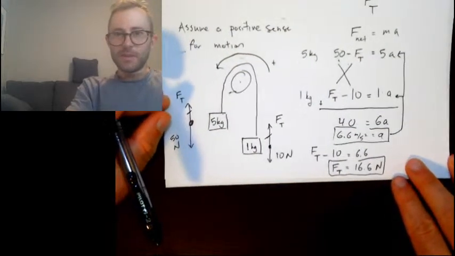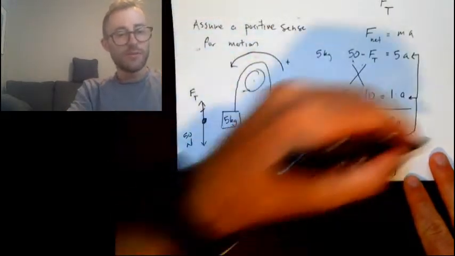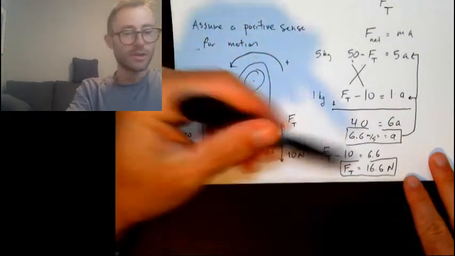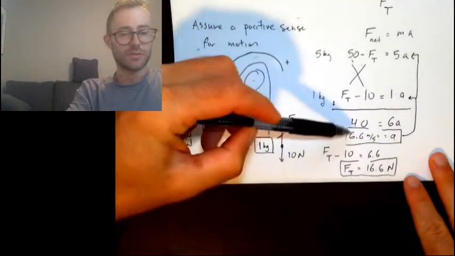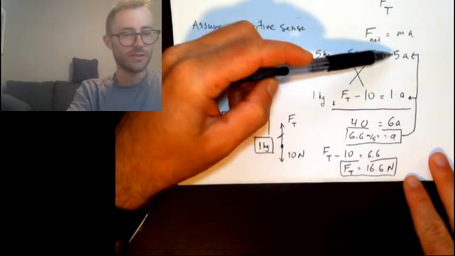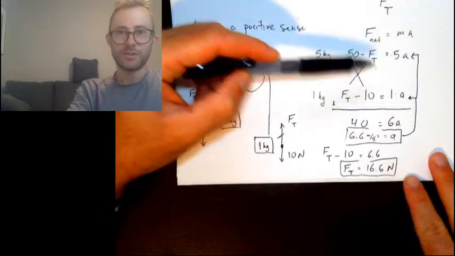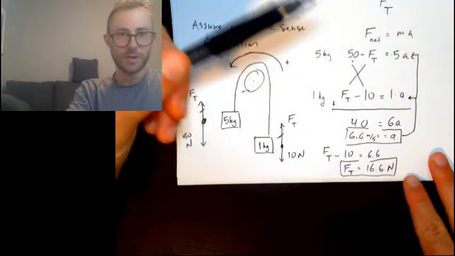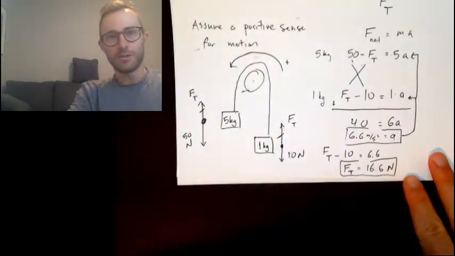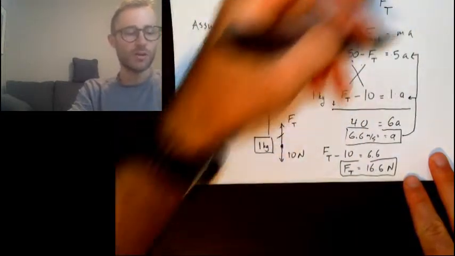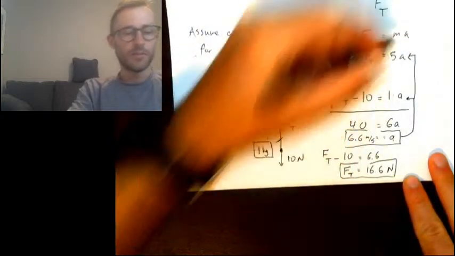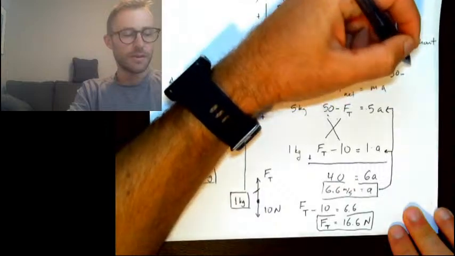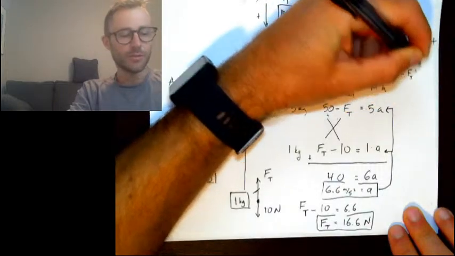Now, a good way to double check that you have the right answer is to take this 6.6 and also plug it into the other equation and make sure that you get the same tension. I'm confident in my math skills, so I'm not going to do that. But if you're not, you can plug it back into both equations. Actually, why don't we just do that? We would have 50 minus f sub t equals 5 times a.